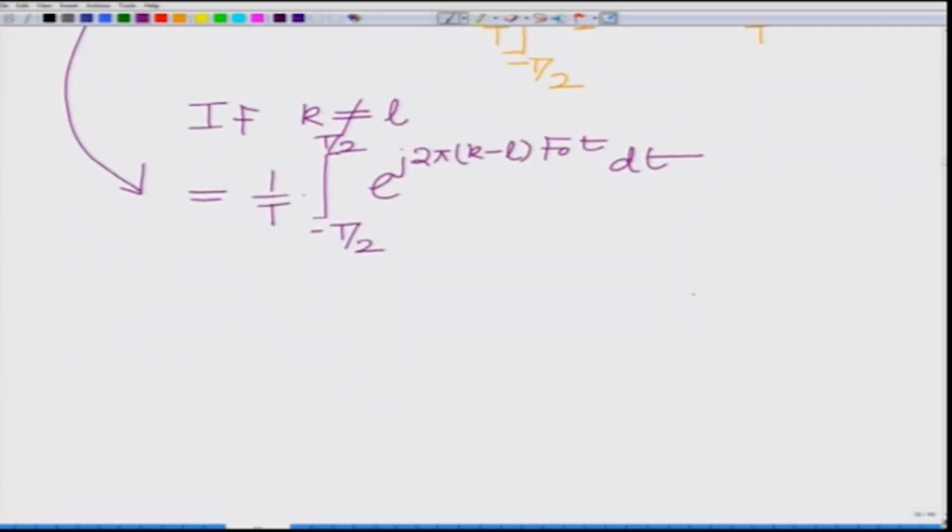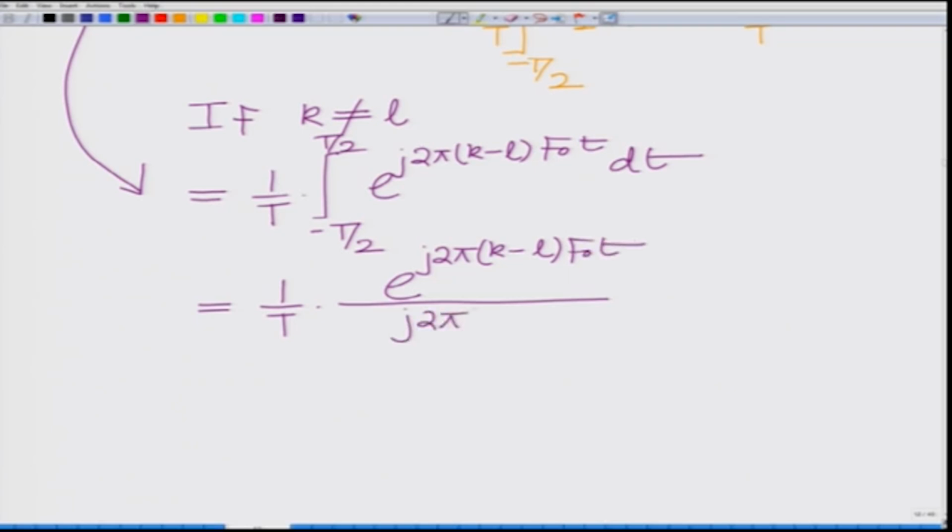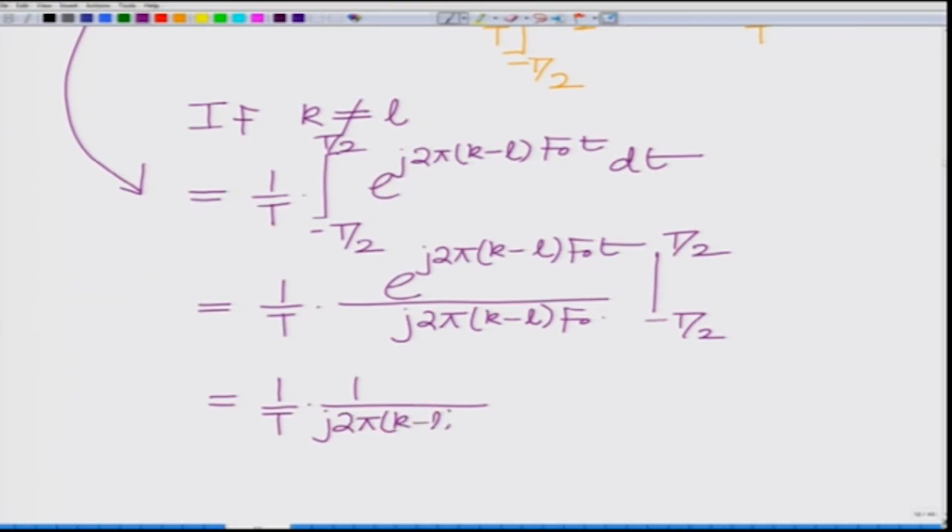Since k minus L is not equal to 0, I can evaluate this integral as 1 over T, e to the power of j 2 pi (k minus L) f naught t divided by j 2 pi (k minus L) f naught, between the limits minus T by 2 to T by 2, which is equal to 1 over T, 1 over j 2 pi (k minus L) f naught.